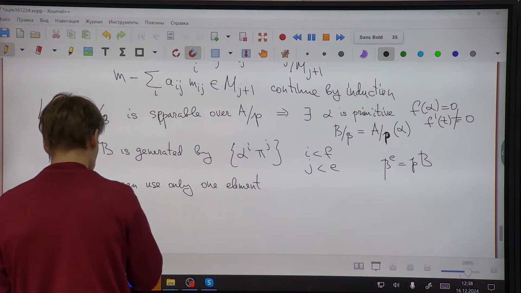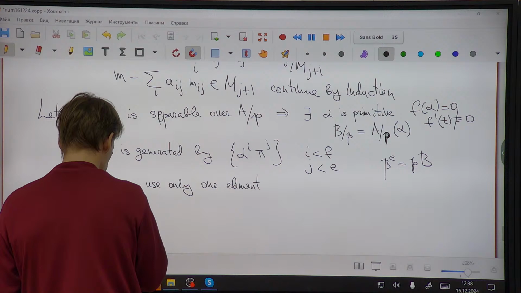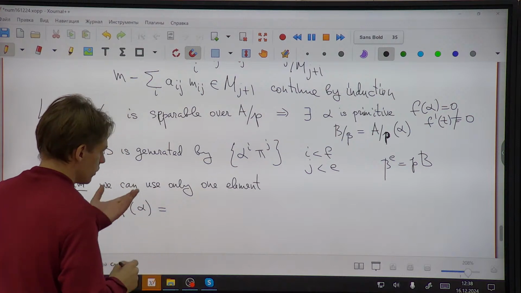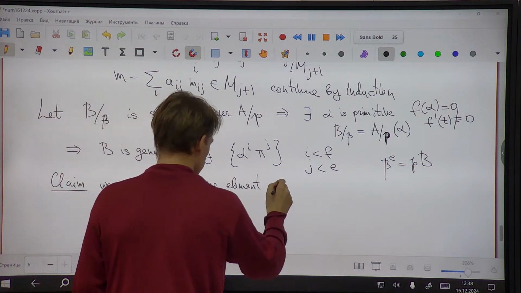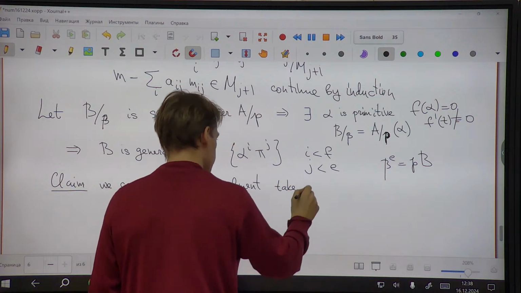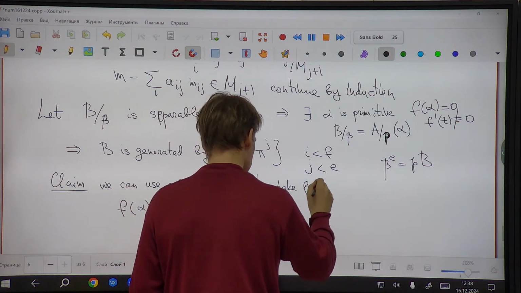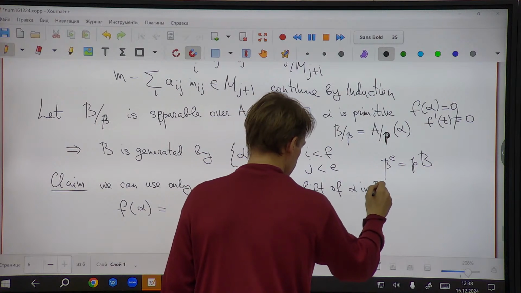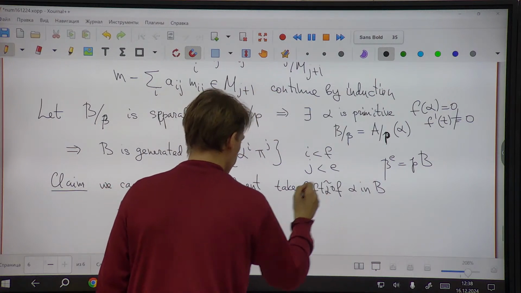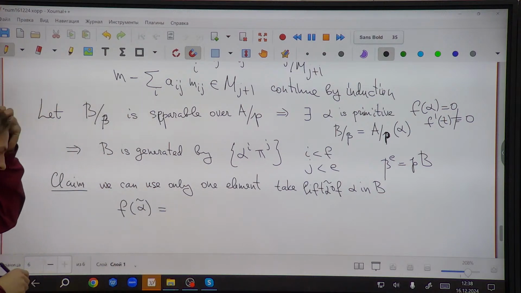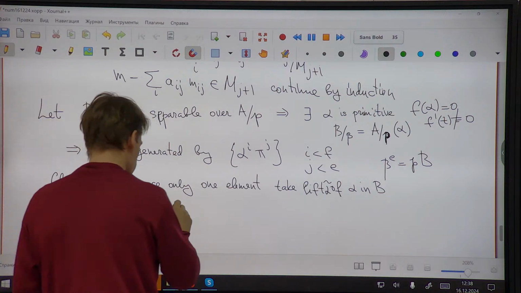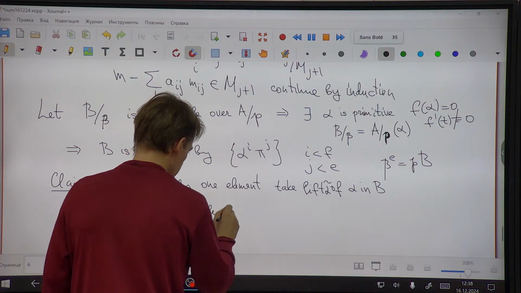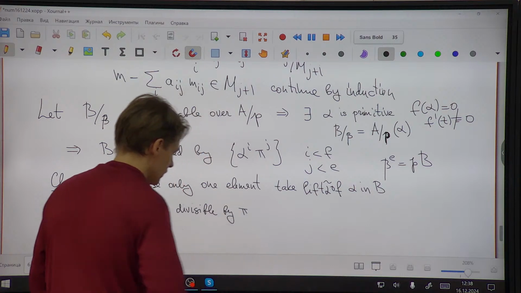Take a lift alpha tilde of alpha in B. Then f of alpha tilde is divisible by pi.